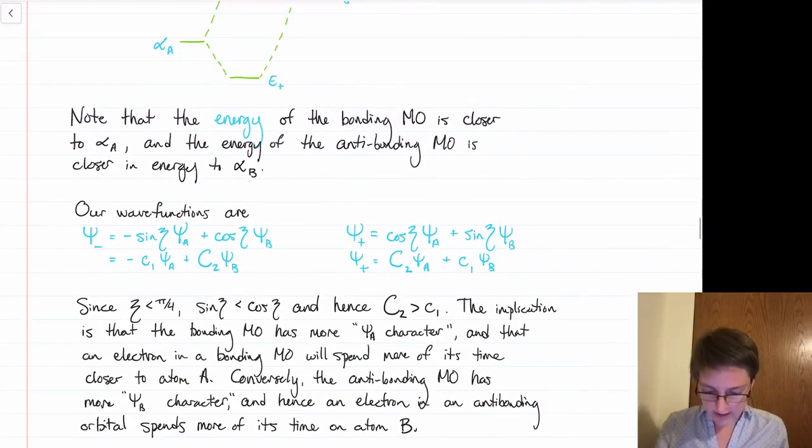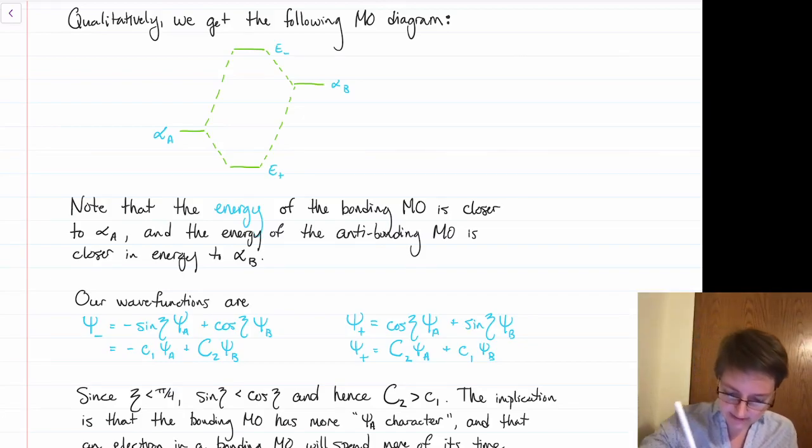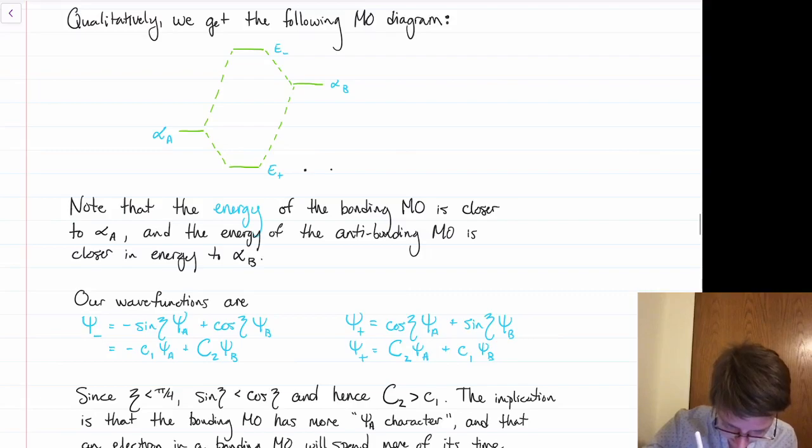And so let me go ahead and annotate our generic MO diagram in the case where we were talking about the combination of two s orbitals. Different atoms though, so the s orbitals have different energies. In this case, my bonding wave function is still going to look like the additive combination of two s orbitals.